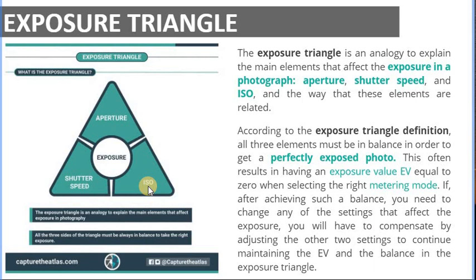Kasi ang kailangan natin sa crime scene photography is the clear image, is the exact image of what our eyes can see. So the exposure triangle is an analogy again of the three pillars of the photography: the aperture, shutter speed, and ISO.